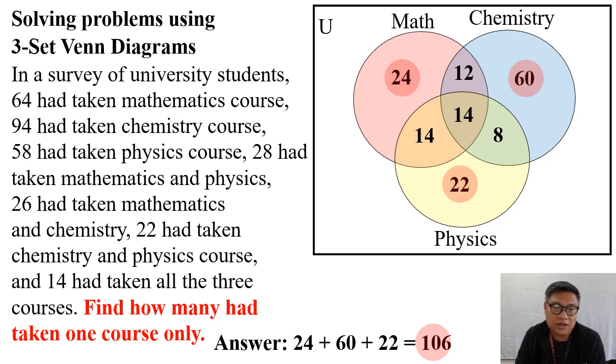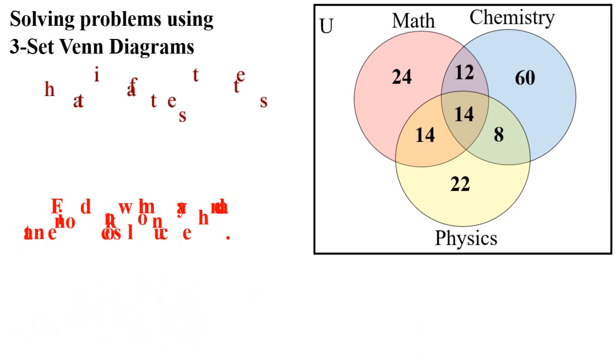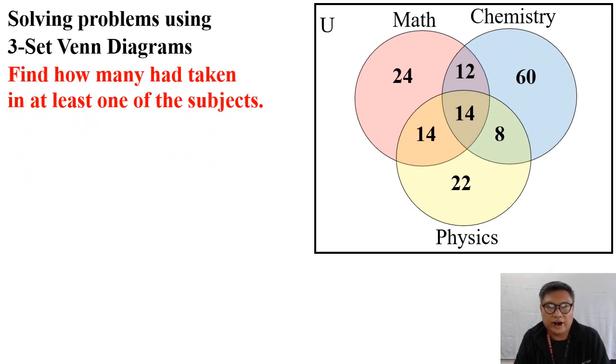The other question here is, for the second question, find how many had taken at least one of the subjects, meaning the number of students who had one subject only, plus the number of students who had two subjects, and the number of students who had all the three subjects.